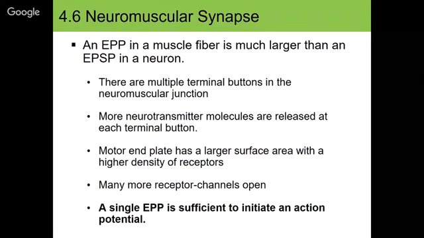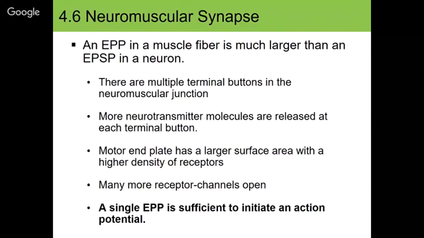So unlike with synaptic transmission, when you have a neuron-to-neuron connection, as we talked about earlier, the magnitude of a single EPP, or a single end plate potential, is normally sufficient.